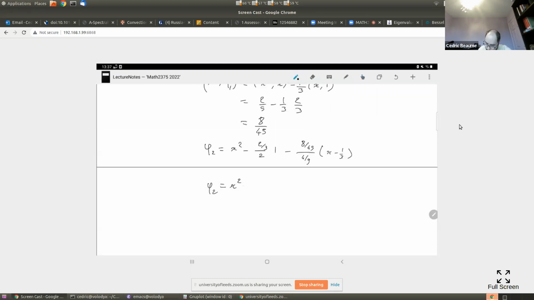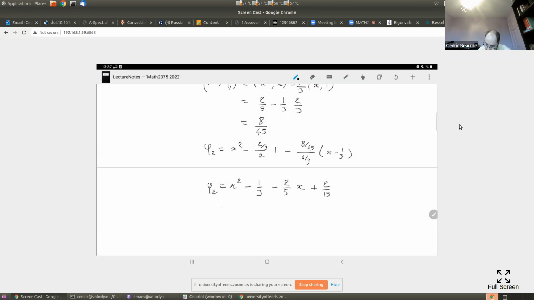So if I complete this calculation, I'll get phi2 equals x squared minus 1/3, minus 1/3 stuff becomes 2/5, simplifying the 8 with the 4 and the 45 with the 9, times x, and I get 2/5, the minus and the minus, 2/5 times 1/3, that's 2/15.